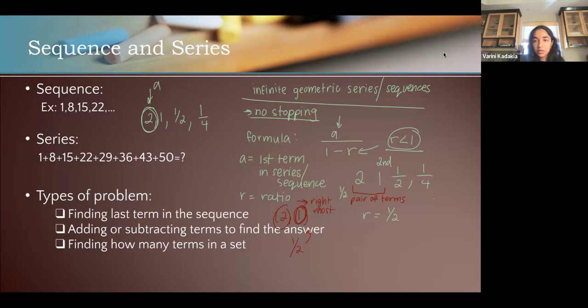You said if the ratio is greater than one, it won't be infinite. Okay, so for you to have an infinite geometric series or use this formula to get the sum, the ratio between the terms has to be less than 1. The formula is basically the first term divided by 1 minus the common ratio.